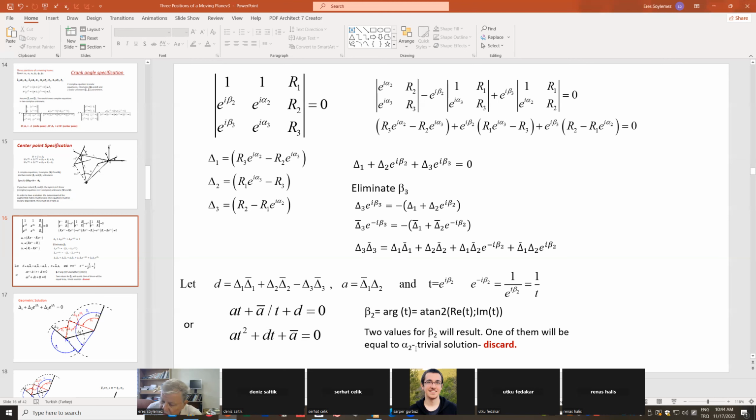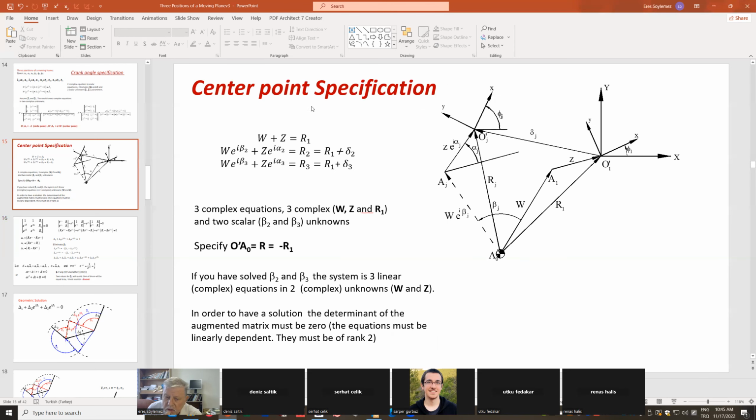It is what we call the trivial solution. It's the rigid body displacement. So we neglect this solution, discard it. Take the one that is different than alpha 2. That's your solution. Once you determine beta 2, you know beta 2.